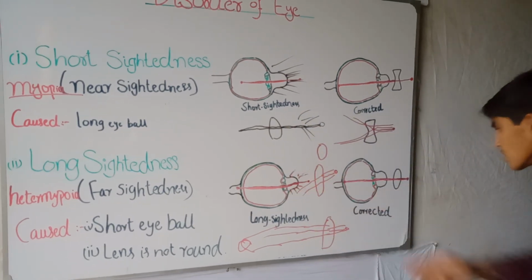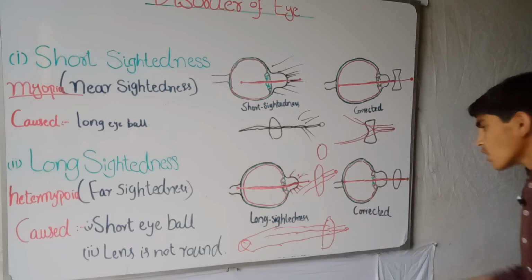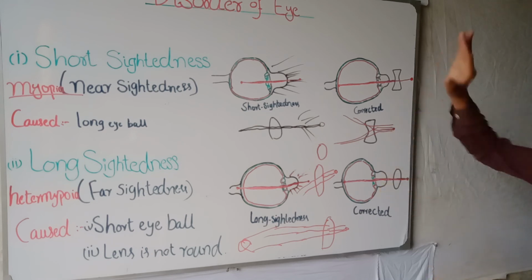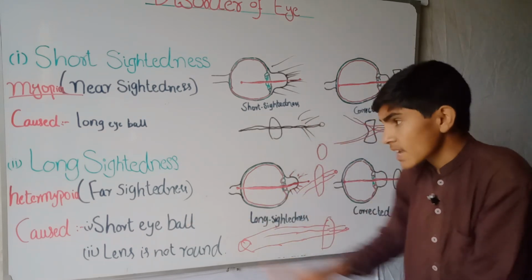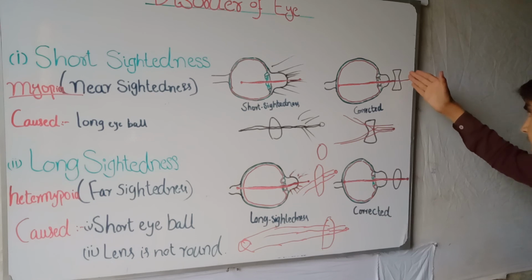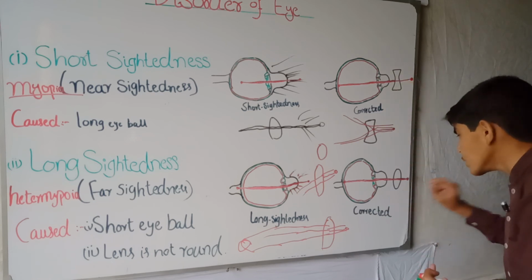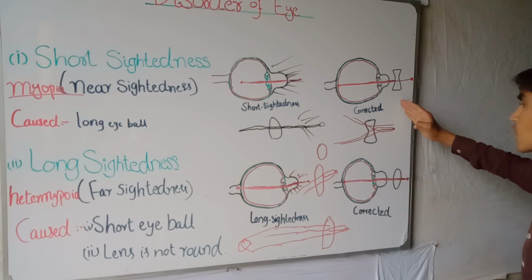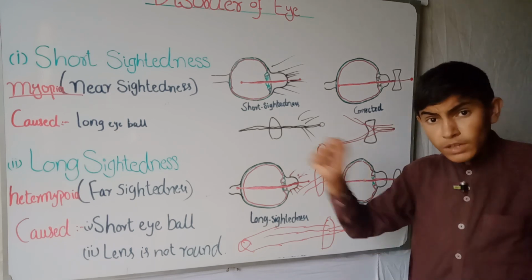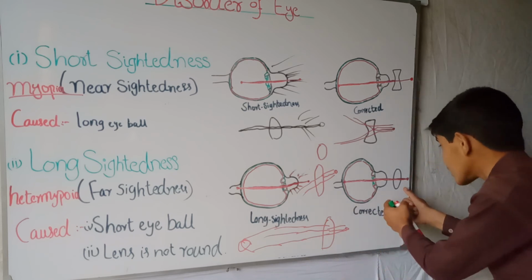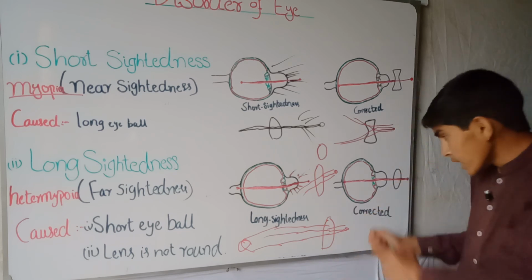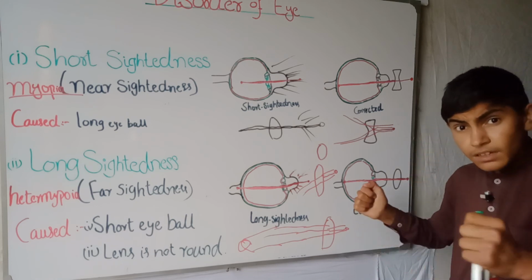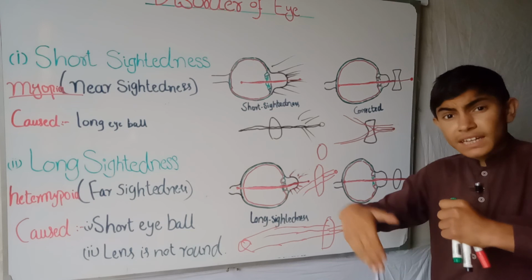Now the correction of long-sightedness. Actually, short-sightedness is opposite to long-sightedness. In that we used the concave lens, but now we will use the convex lens again. There was a need of diverging the image, but here there is a need of converging the image in order to help the convex lens present in our eye to converge the light in less time.